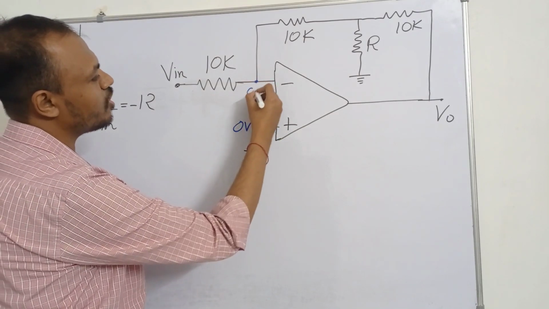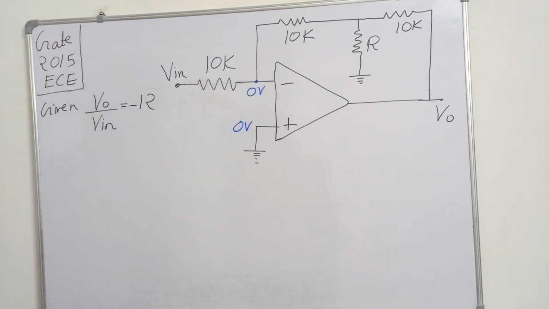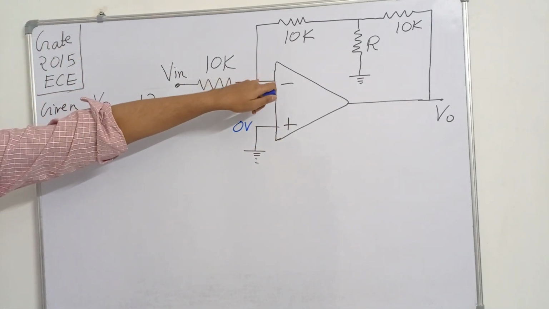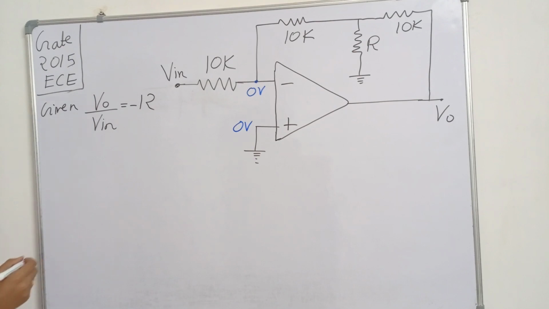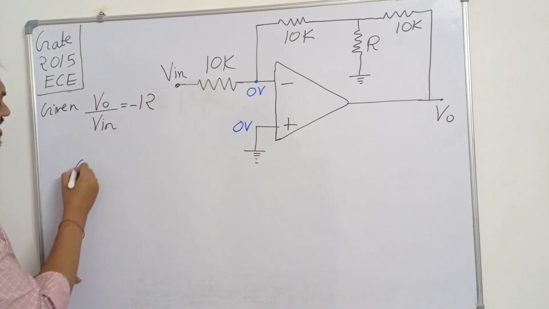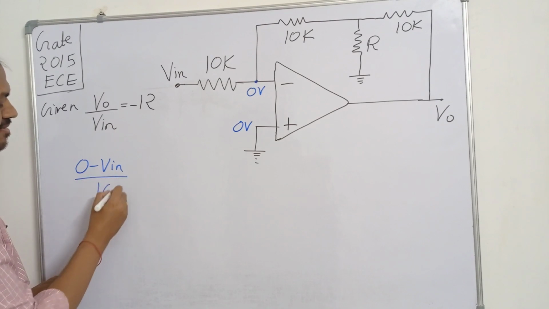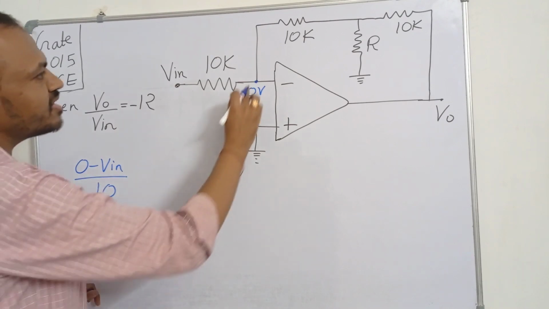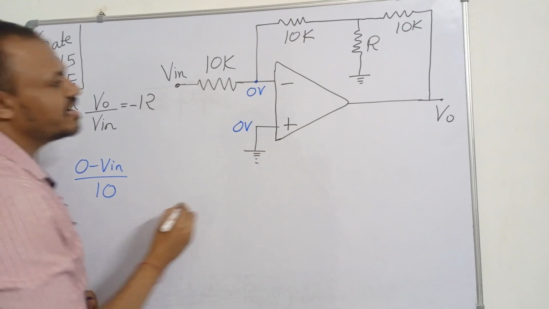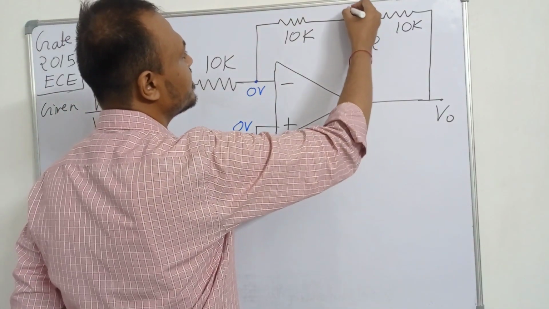So this voltage will also be equal to 0 volt. Now we will apply KCL at this point. So the outgoing current is 0 minus Vin upon 10. Let this voltage be V2.